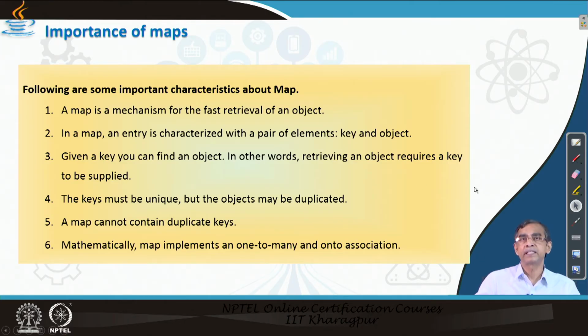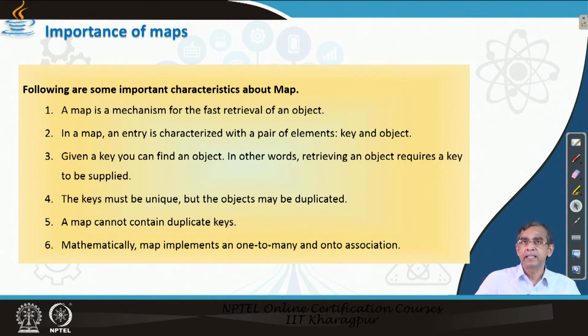As I told you, the key must be unique, as in the case of binary search. We have assumed that there is a field for every record by which each record is distinguishable by that key value. That is why it is unique. Duplicate keys are possible, but we should not include them. A map should not contain any duplicate keys.